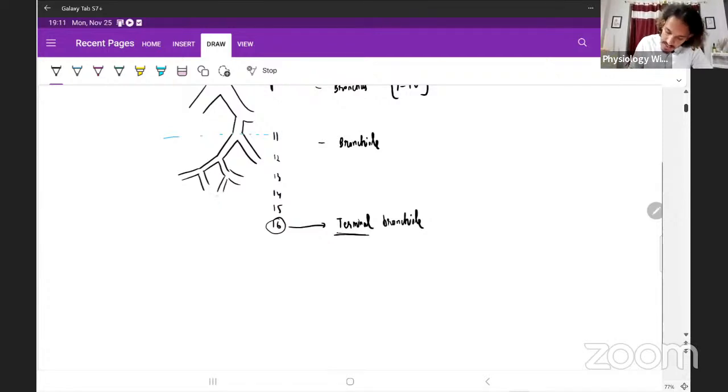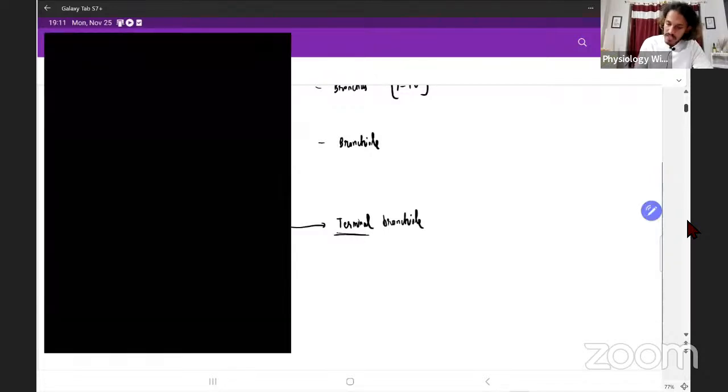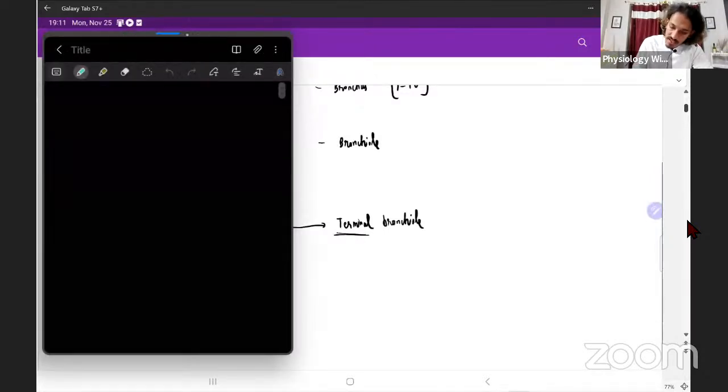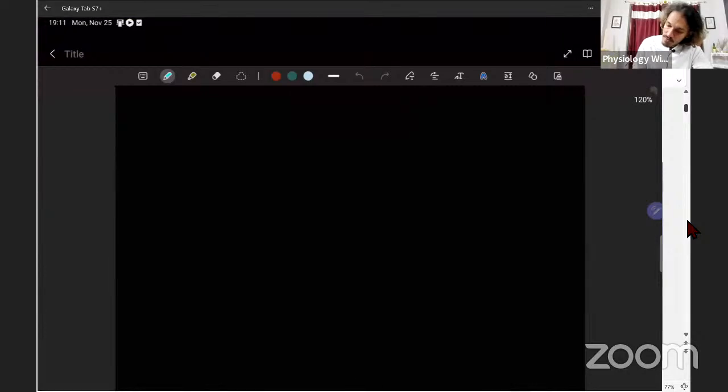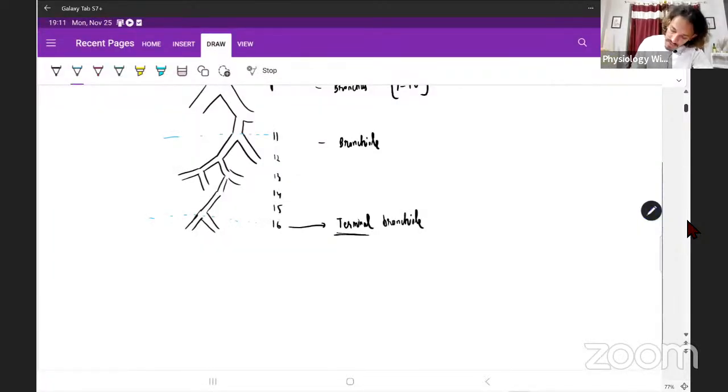So now this terminal bronchiole, let's just consider this to be the terminal bronchiole. This is not exactly correct according to the diagram, but just for you to understand, if this is the 16th division, and then we have the terminal bronchiole.